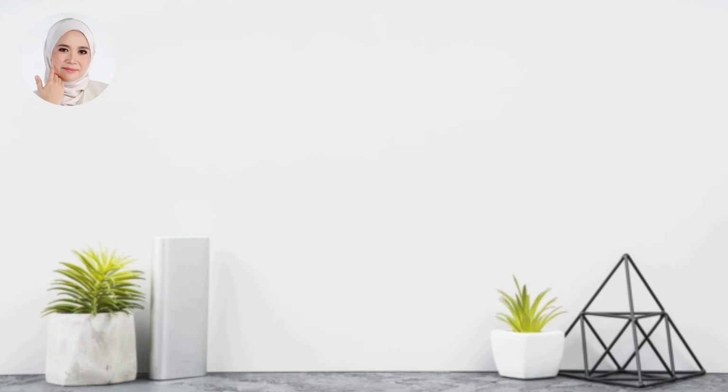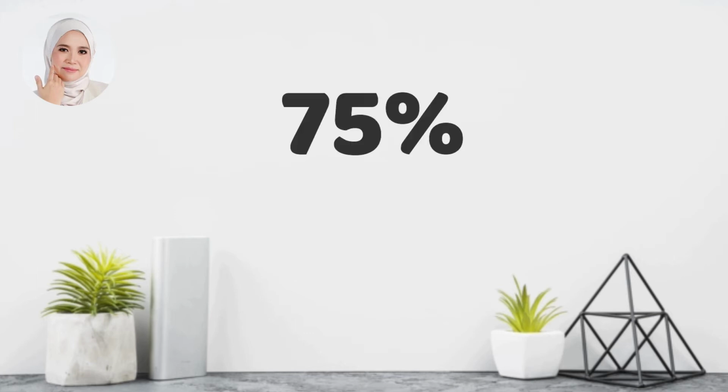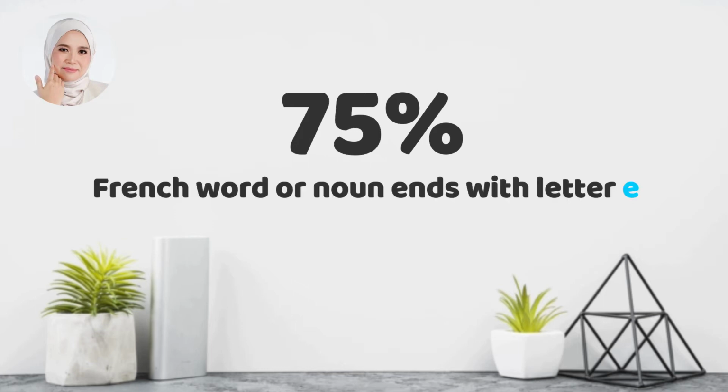Now, here is a small trick to get it right. Most of the time, I would say 75% of the time, a French noun which ends with the letter E, the sound of E, is likely to be a feminine word, so you would put the article la in front of it.